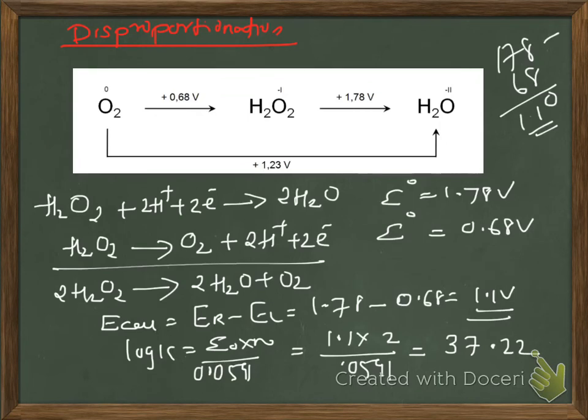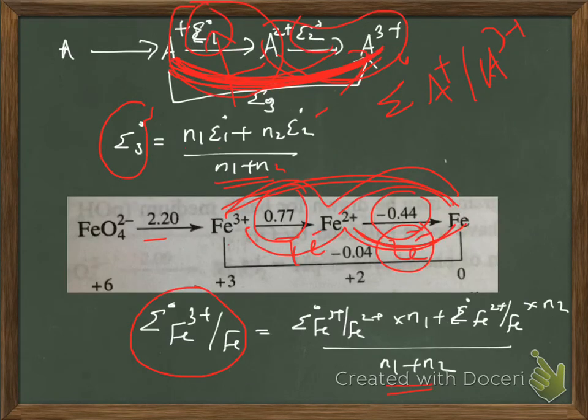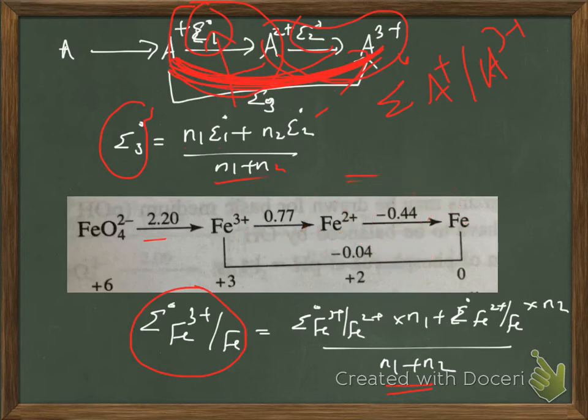Now the next application is disproportionation, or prediction of disproportionation. Normally we are expecting a Latimer diagram like this. What is the peculiarity of this diagram? In this diagram, the first potential is high, the second potential is less.